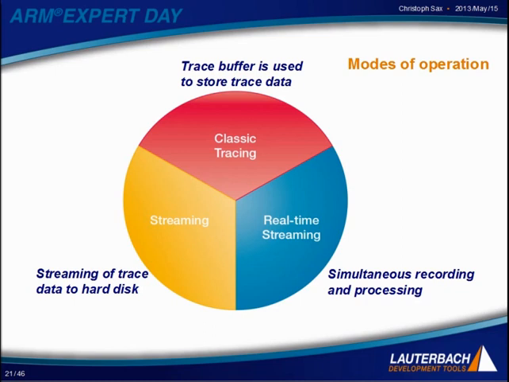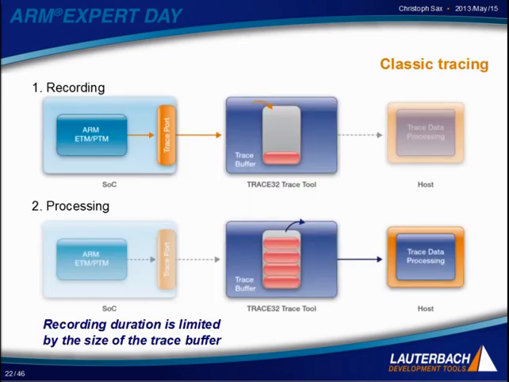The second one is streaming, and streaming uses the hard disk of the host during recording, and the trace data is basically streamed to the hard disk of the host. Real-time streaming establishes a simultaneous recording and processing of the trace data. I'm going to discuss this in detail.